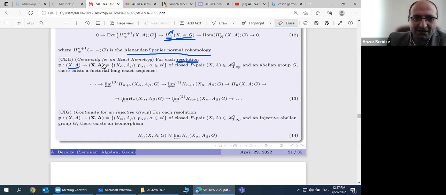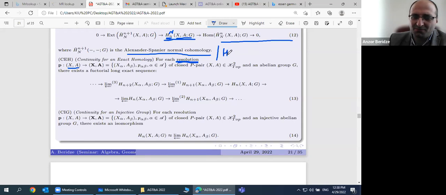And why do I consider the resolution and not the inverse limit? Because for Watanabe cohomology theory, that is constructed by normal coverings, this isomorphism is proved by Watanabe.